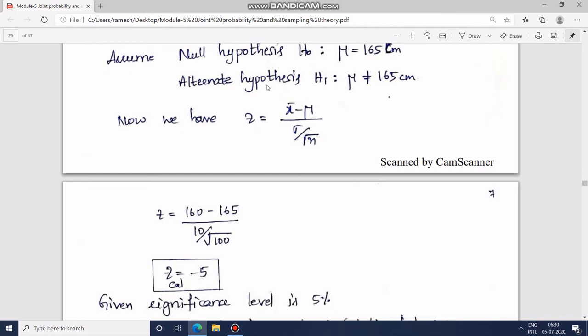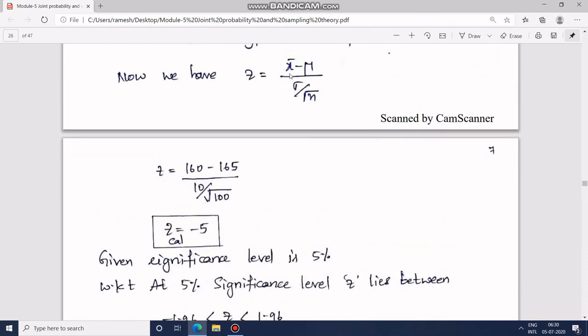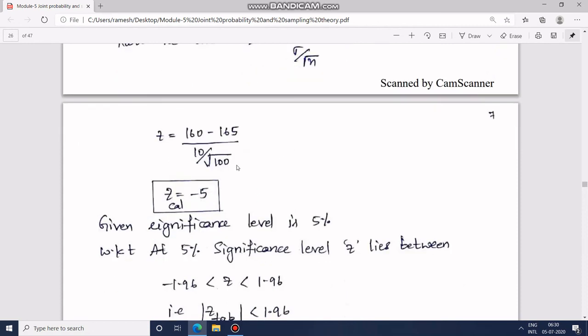As usual, calculate the standard normal variate Z by using the standard formula Z is equal to x bar minus mu divided by sigma by root n. Here x bar is the mean of the sample, that is 160 centimeter, minus mu, the mean of the population, that is 165. Sigma is the standard deviation of the population, that is 10. N is the size of the sample, that is 100. Let us substitute all and simplify.